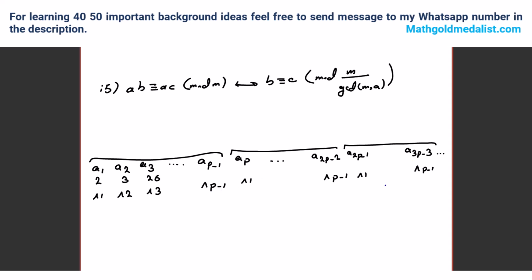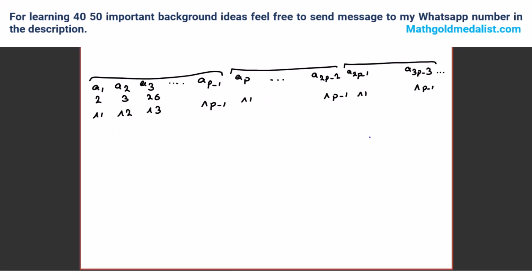Like the small examples that we checked, we want to find something 1 or negative 1. Let's see how we can find that. If we use Little Fermat's theorem, we can say, for example, for AP, or let me tell you, AP minus 1.